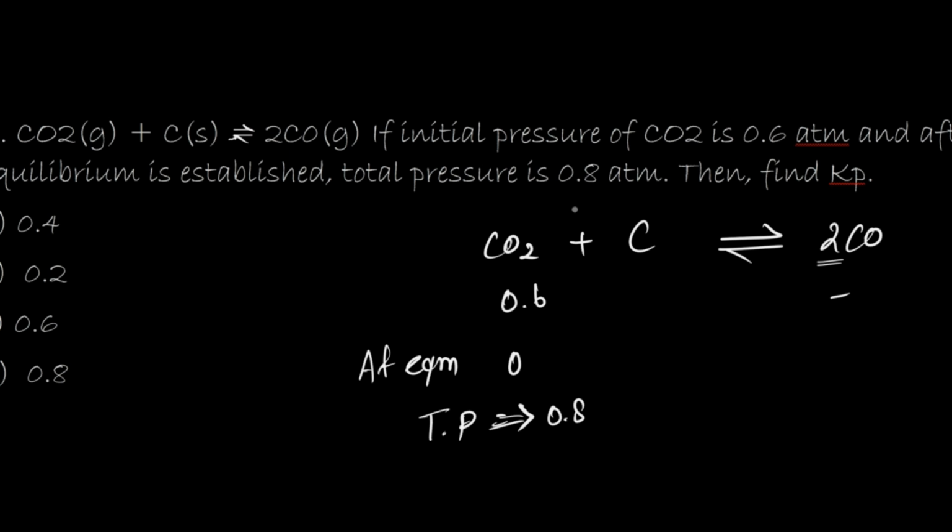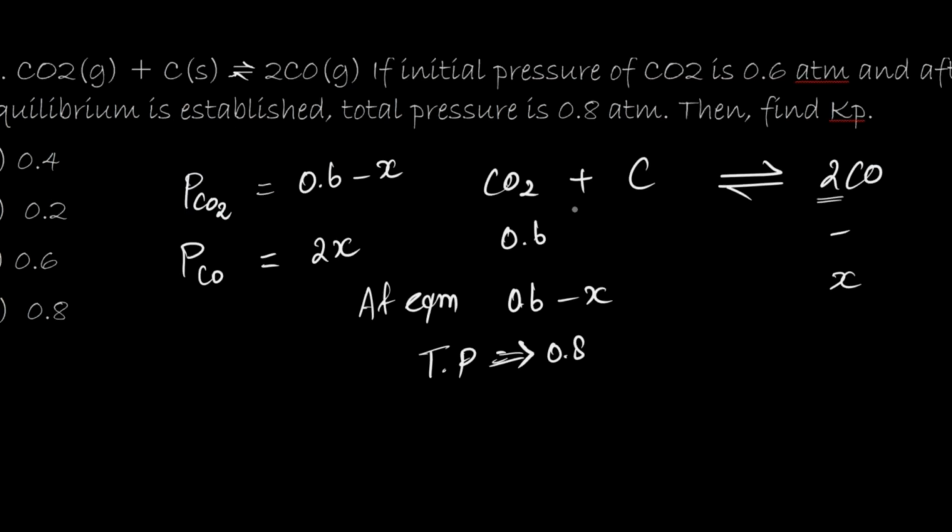So the pressure of CO2 at equilibrium is 0.6 minus X, because we don't know the pressure of CO at equilibrium. Then the pressure of CO at equilibrium is 2X, isn't it?